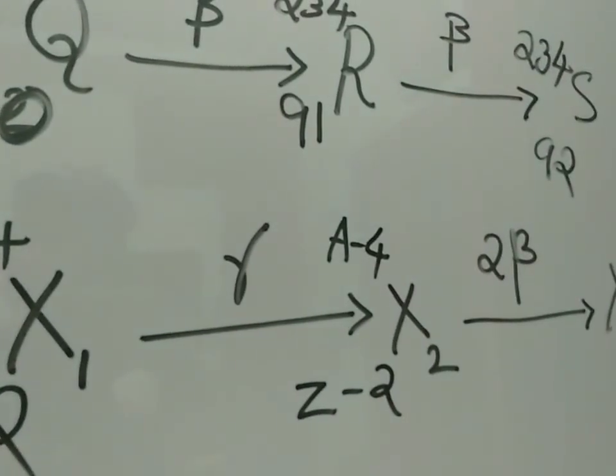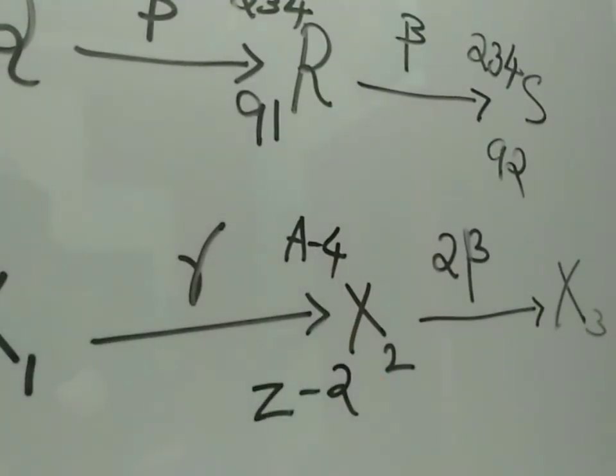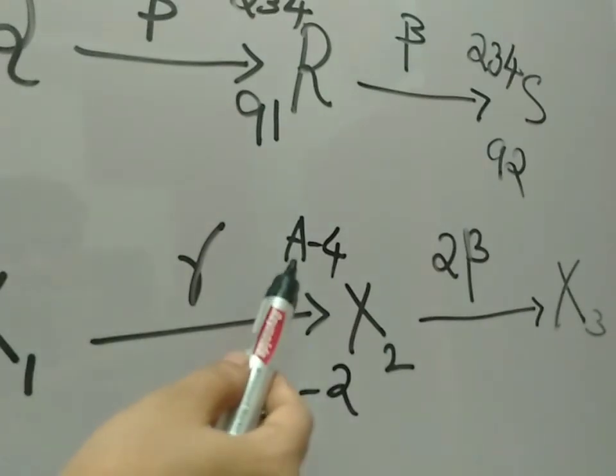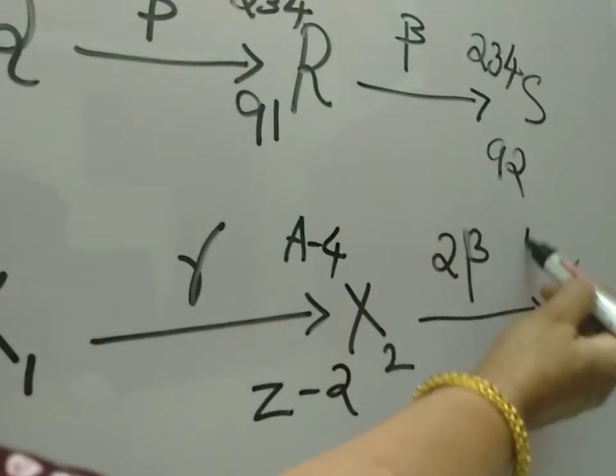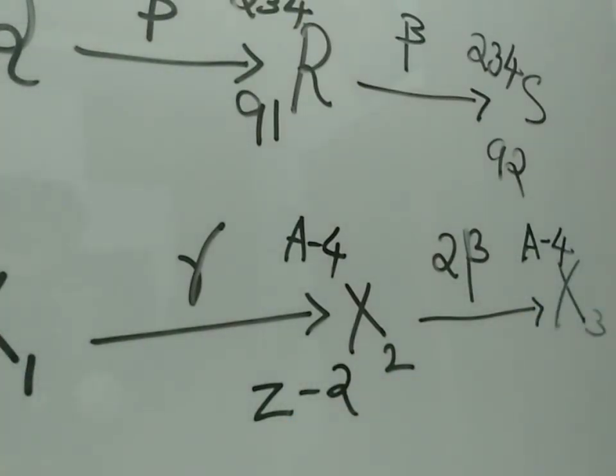The 2 beta particles are emitted at a time. Will there be any change for the mass number? For a beta particle, there will be no change for the mass number. So you can write A minus 4. X3, the mass number is A minus 4 itself, no change.